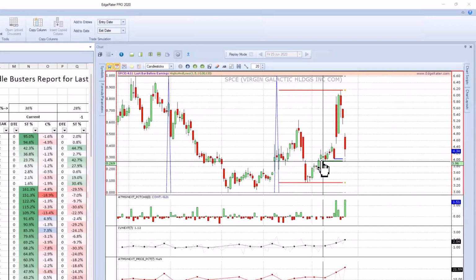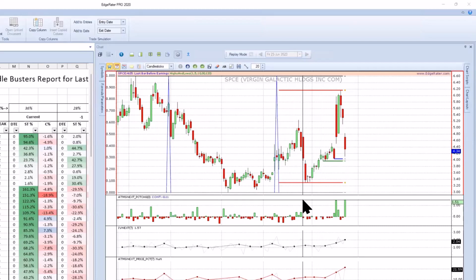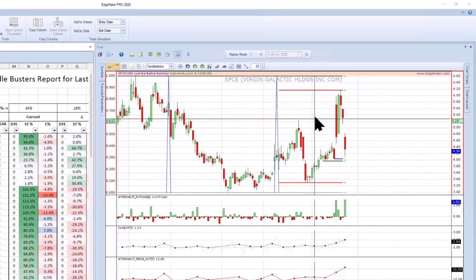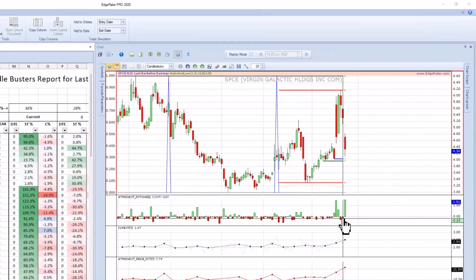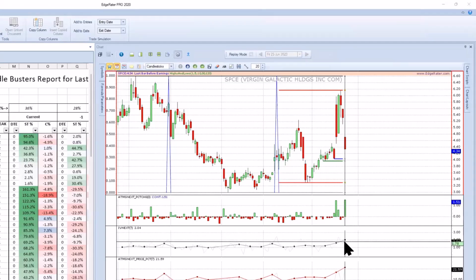Okay, so yeah, so space, Virgin Galactic Holdings. Okay, there's been a lot of busted straddles and busted by a lot recently. Now on Friday, the implied volatility of the next expiration has really gone quite high, 1.97.